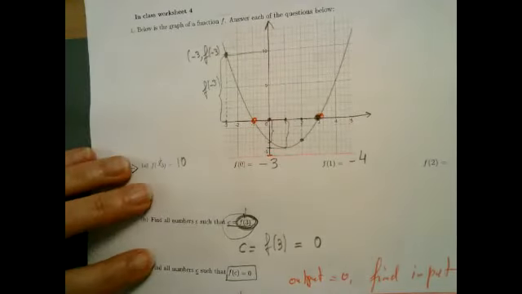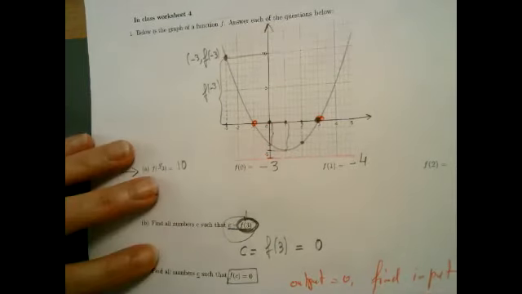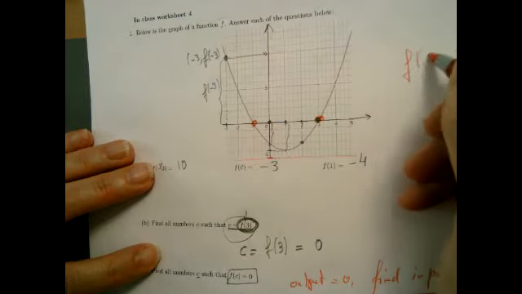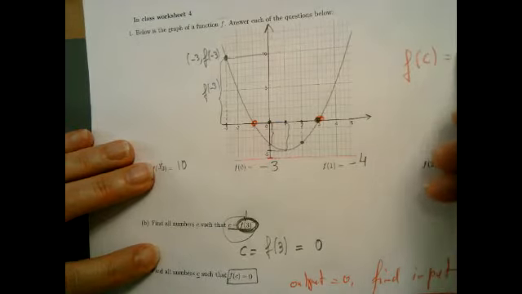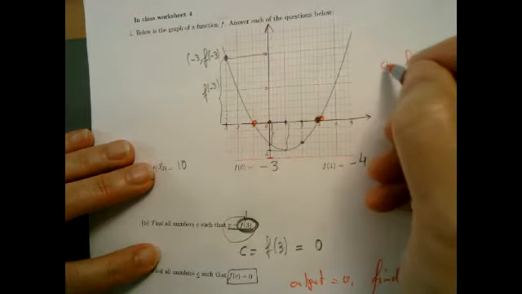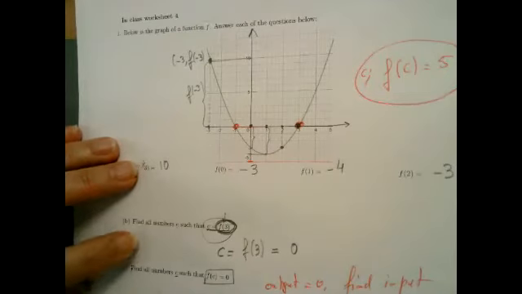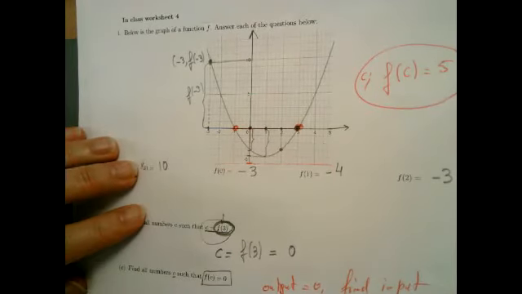Please, all of you do it because I know this is simple, but I want to make sure every single one of you can answer. So let me rewrite it here. I want the C's such that f of C is equal to 5.